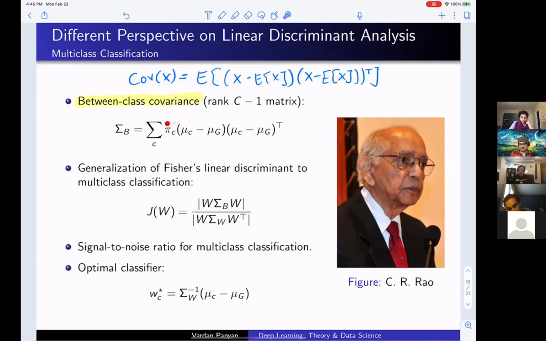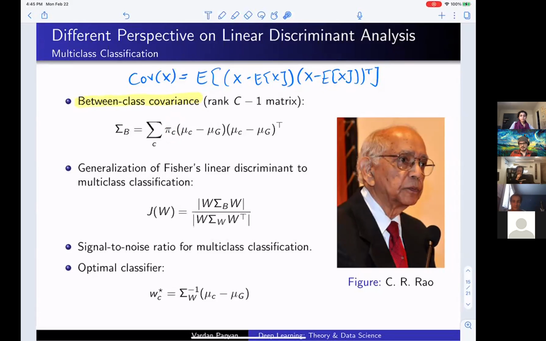In this specific case, the probabilities are pi c. It's just the probabilities of the classes. But for our sake, whenever I talk about this, I'll always assume that pi c is just 1 over the number of classes. So if you don't like this, just ignore it.